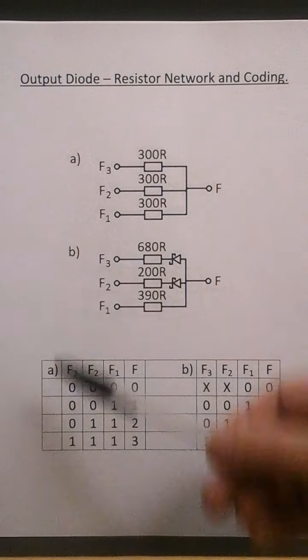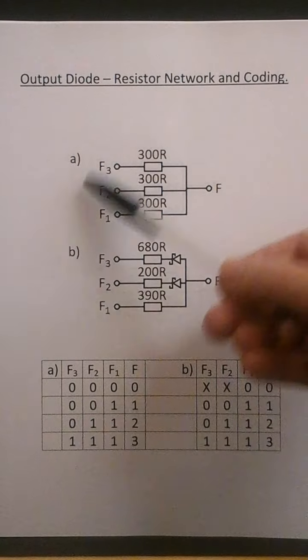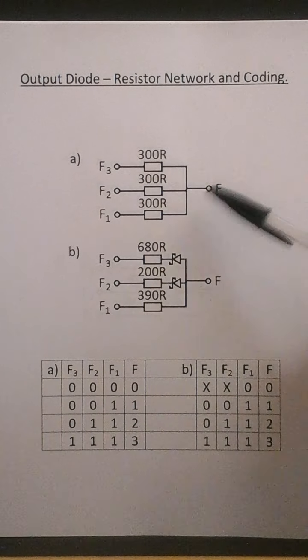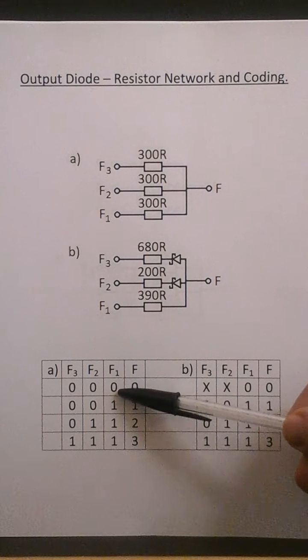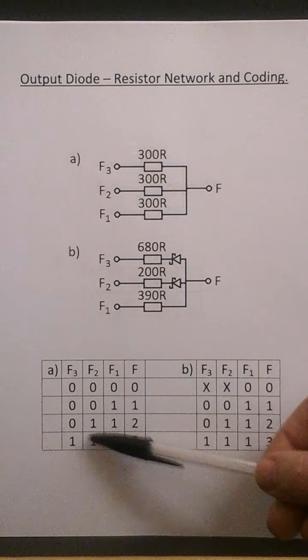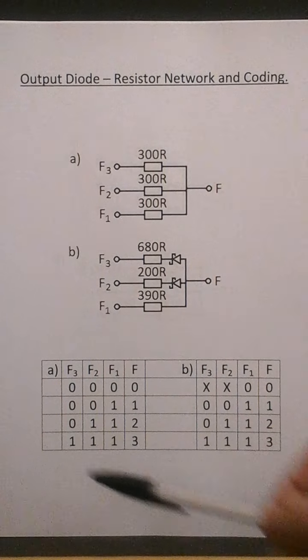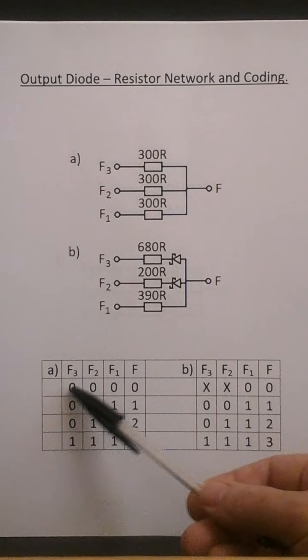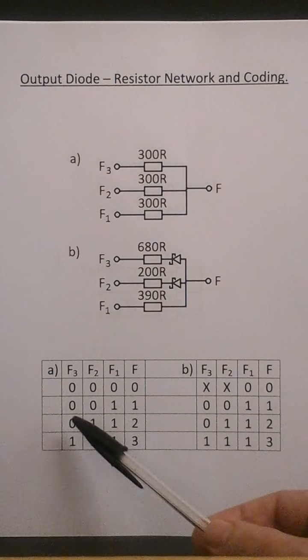So this is input A, resistor network A. So F equals 0, 1, 2, 3 there, this is F. F1 is 0, 1, 1, F2 is 0, 0, 1, 1, and F3 is 0, 0, 0, 1. So if F is a 0, F3, F2 and F1 are zeros.